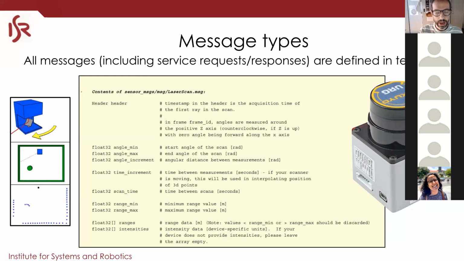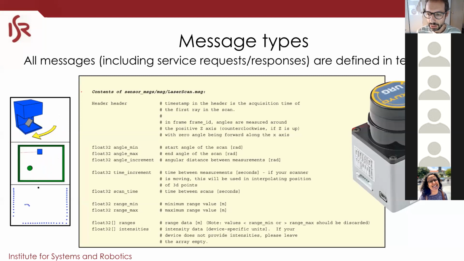You also have another package, which is the standard messages, which are trivial messages. For instance, you have message types with only an integer, only one float, or only one string.